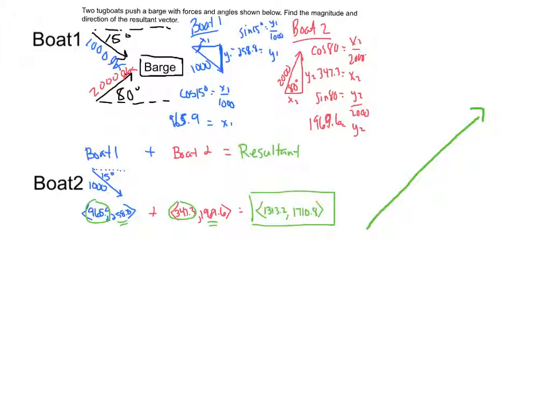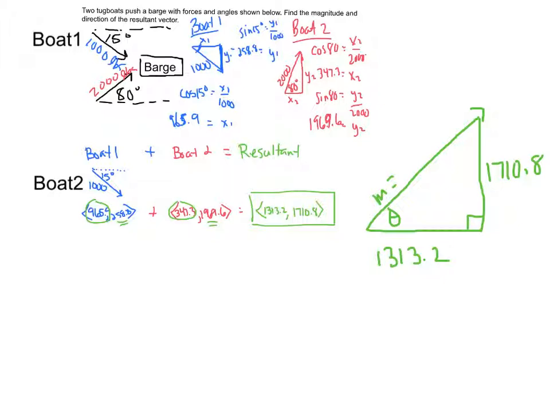I know it's going to be heading up and to the right because these are both positive. The x component is going to be 1,313.2 and the y component is 1,710.8.